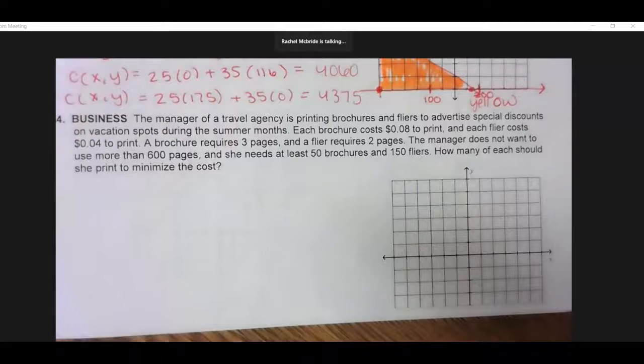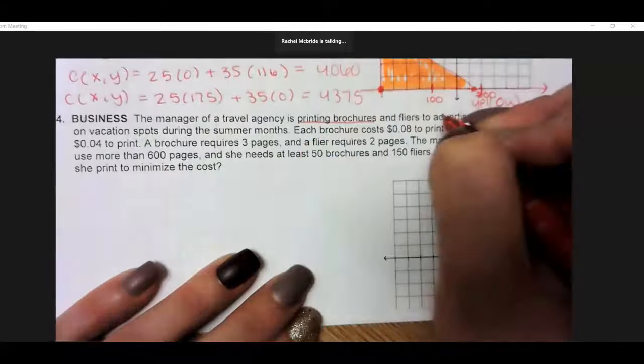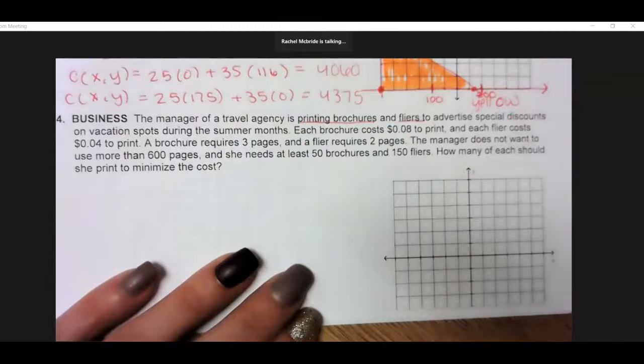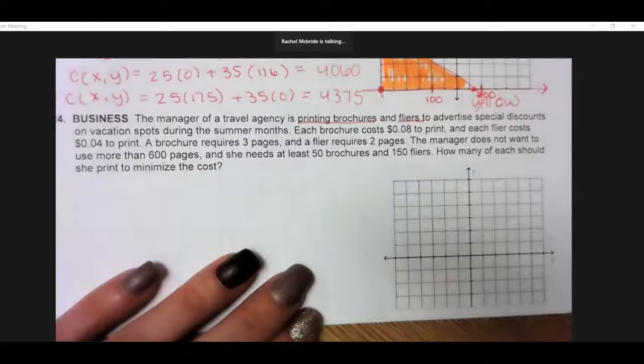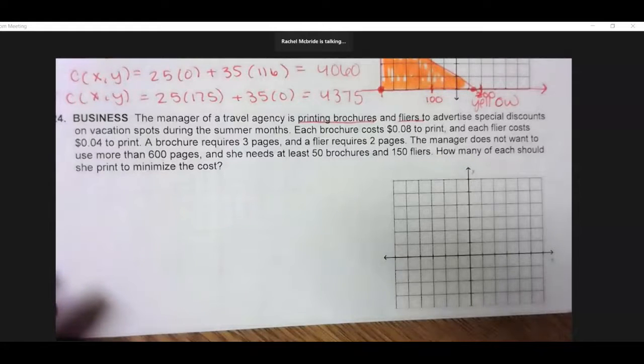Okay. The manager of a travel agency is printing brochures and flyers. So one of my variables is going to be brochures. The other is going to be flyers. They're advertising discounts on vacation spots during the summer months. Each brochure costs 8 cents to print, and each flyer costs 4 cents to print.